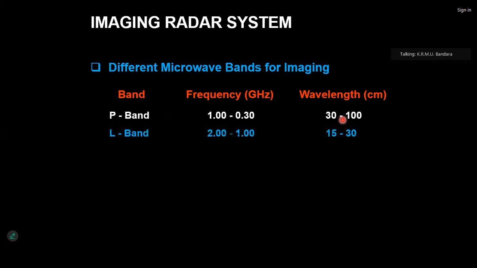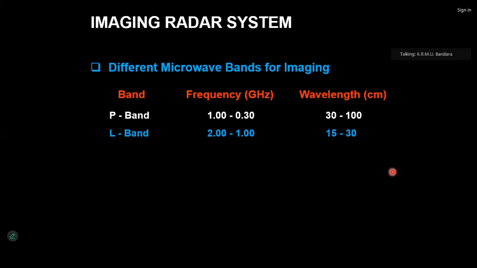Next is the L band, 1 to 2 gigahertz. High frequency, lower wavelength, 30 to 15 centimeters. If any satellite antenna is using a 75 centimeter wavelength, this is P-band. If it is using 90 centimeters, this is also P-band.